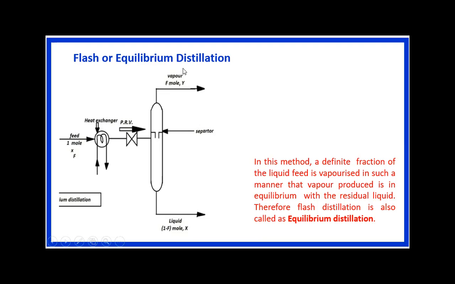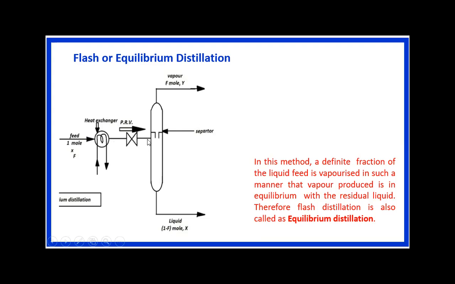So this is a simple process, and why it is called flash distillation: because when this feed or these liquid components have the high temperature due to the heat exchanger, and reduction in the pressure, due to this high temperature and reduction in pressure, these liquid components are converted into flashes.